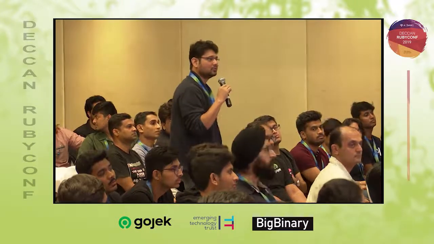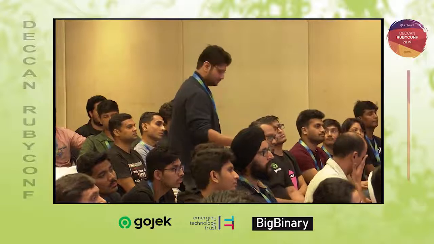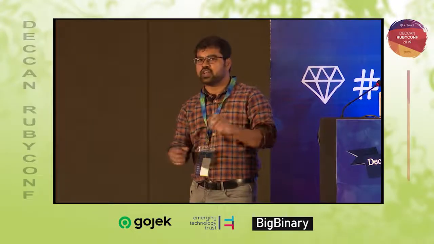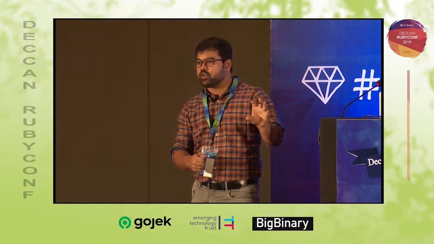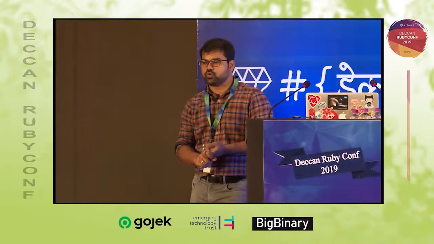Can you name some of the tools you use to get the metrics out and to observe them? Yeah, so derailed was one, which gives the object allocations and the memory allocation by each gem. So that's one to debug the gem. When it comes to debugging your own code, one option is to use memory profiler.